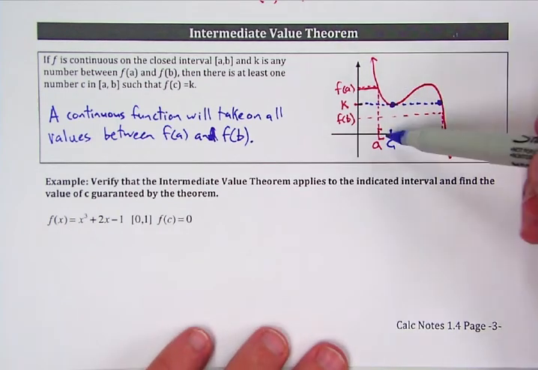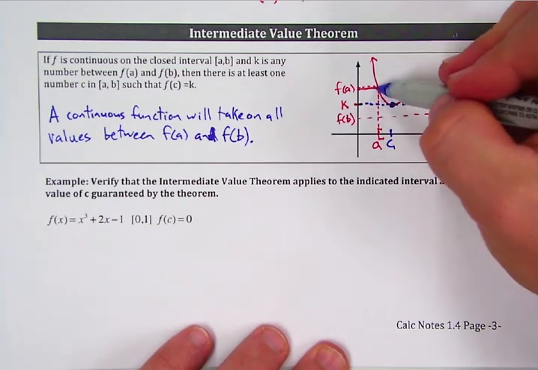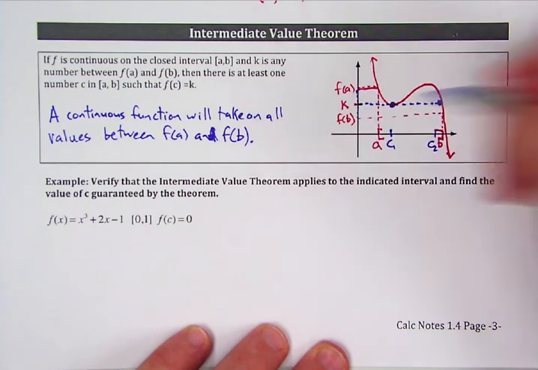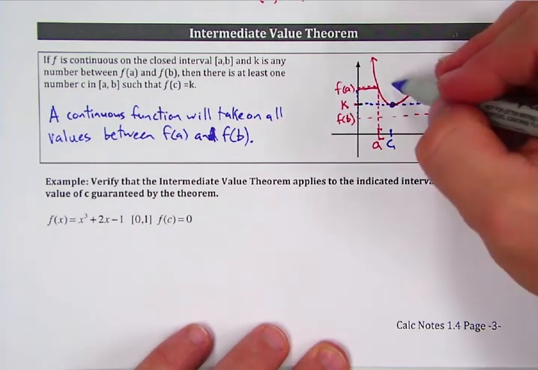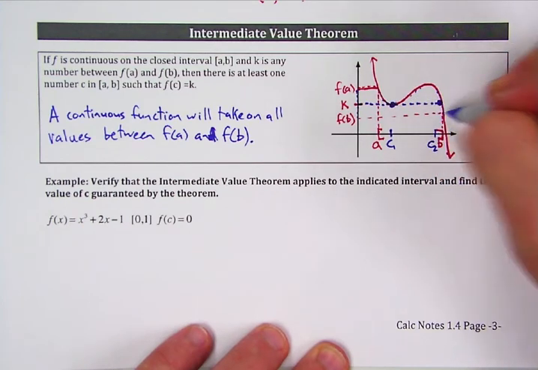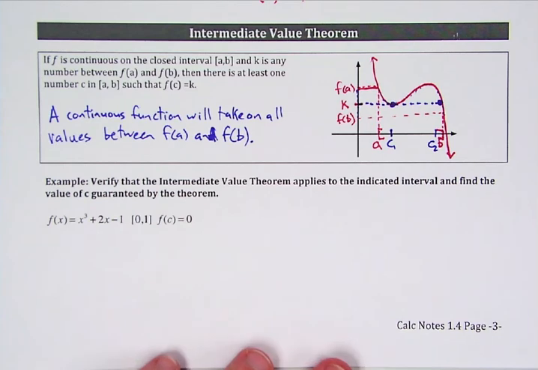So again, it's just saying if we look between a and b, the function's going to take on all the possible values between f of a and f of b. So going in here, we hit every single one along the way. Okay, so if the function's continuous, we know that's true.